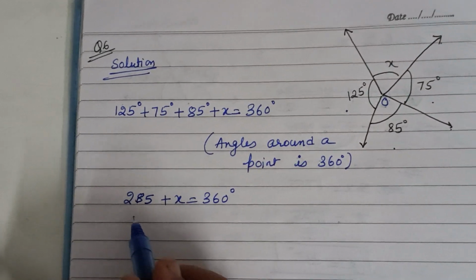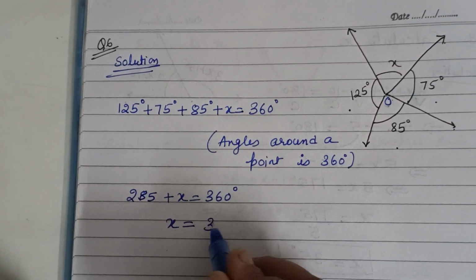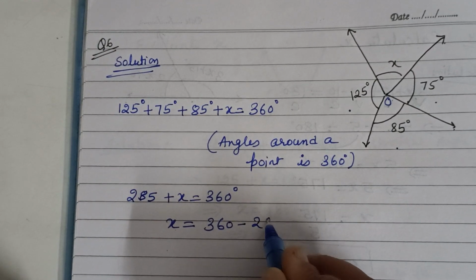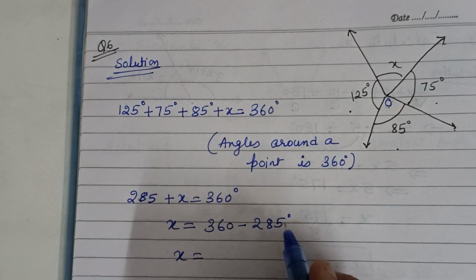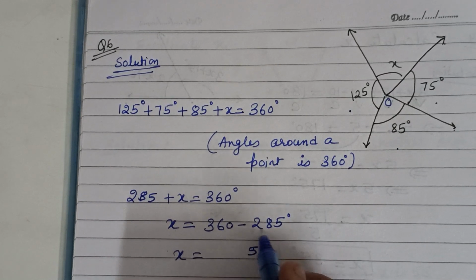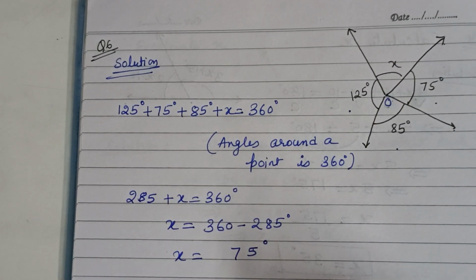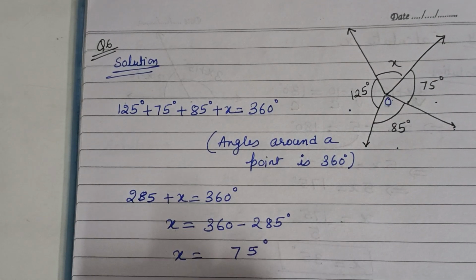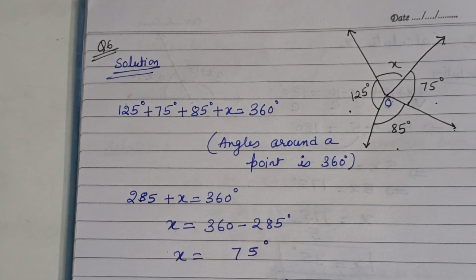Right? Now transpose this 285 from left hand side to right hand side. 360 minus 285. So 10 minus 5, 5; 15 minus 8, 7. So it will come 75. So x equals 75 degree.